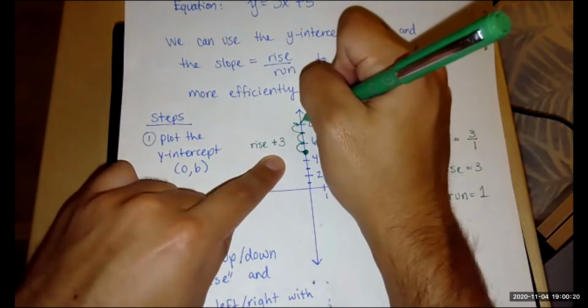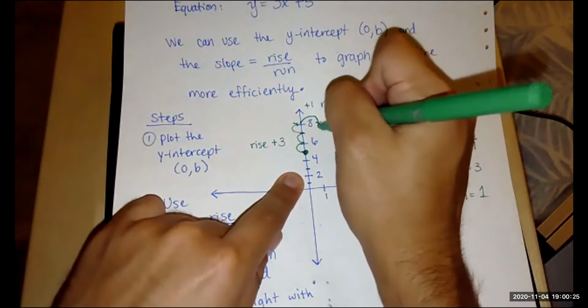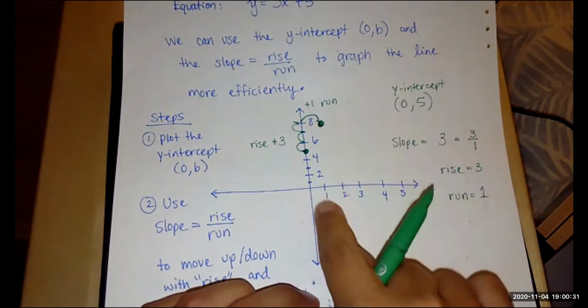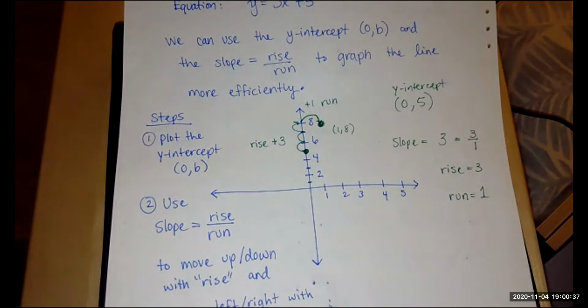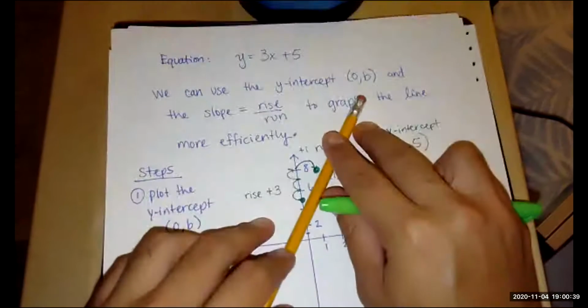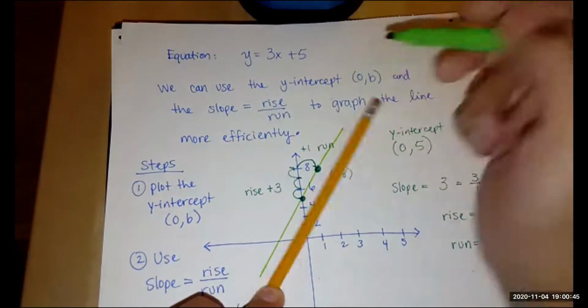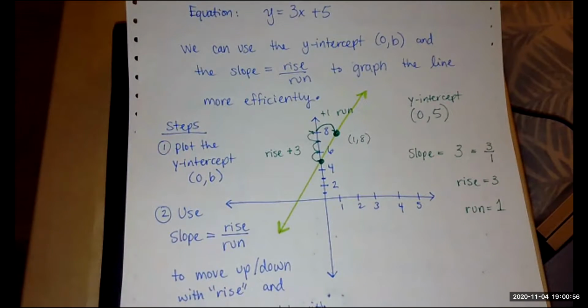Then I go over 1 space, so plus 1 run, and that is where my new dot is going to be, at the location 1, 8. Just like we did last time, since we have those 2 points, I can draw a line straight through them. So this method only has 2 steps for plotting, as long as they've given us the equation in slope-intercept form.